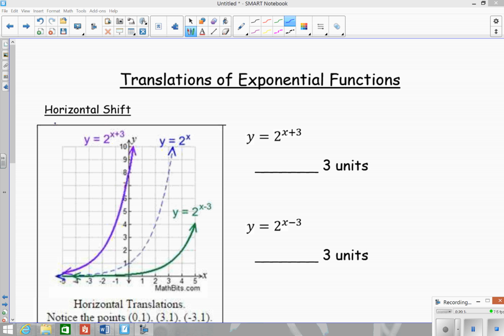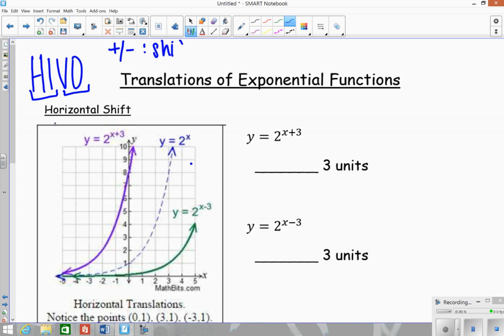The last thing we're going to look at are translations of these exponential functions. Remember from our last unit, we have the acronym HIVO. Horizontal means that you're going to see a number on the inside. Vertical is going to be on the outside. Remember that if we're adding or subtracting numbers, that means you're going to be shifting or moving, so moving up, down, left, or right.